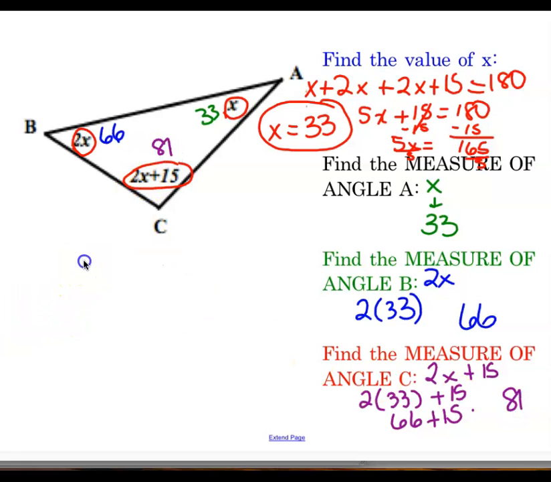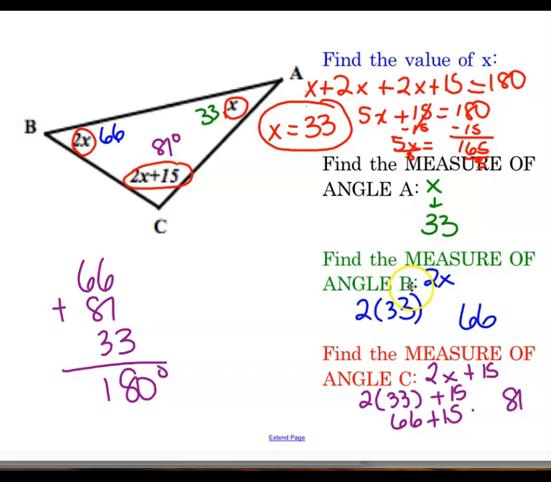And remember, I can always check: 66 plus 81 plus 33 should equal 180. And it does. Okay? So angle A is 33, B is 66, and C is 81.